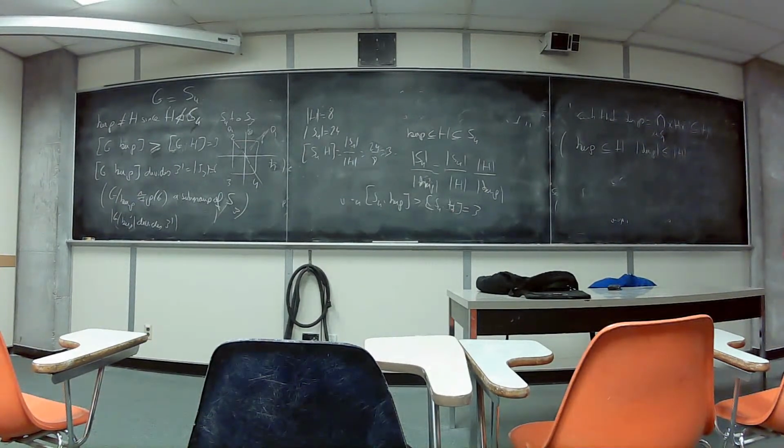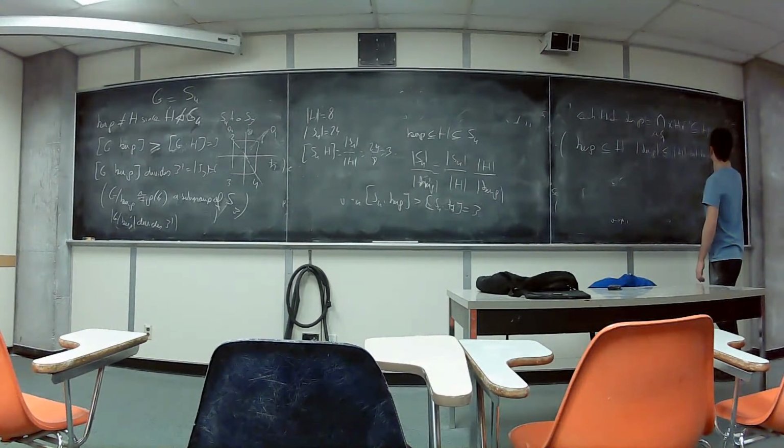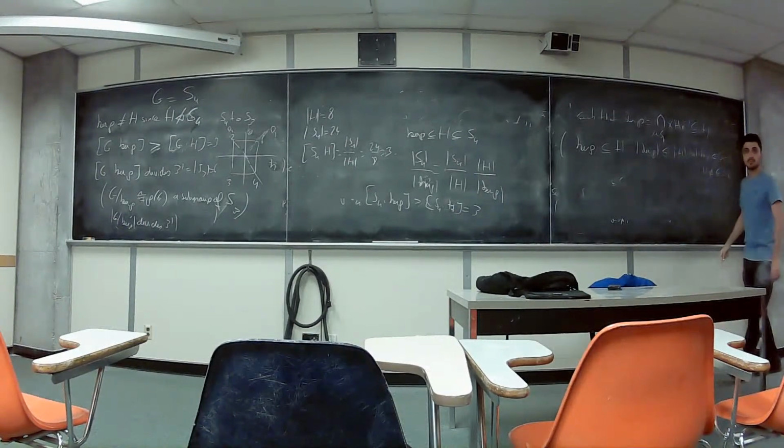Now you agree that curve row is different than H, right? Because curve row is normal in G and H is not normal in G. So curve row is strictly less.